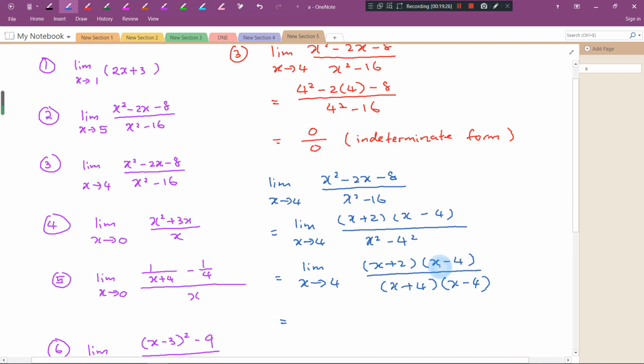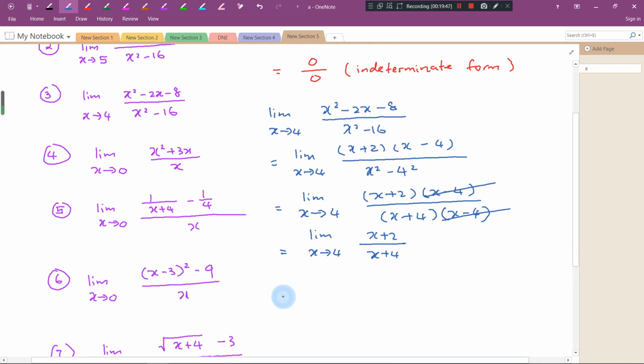Okay, now you notice that I can cancel up the x minus 4, right? So I just cancel up the x minus 4, simplify it. Now I will get x plus 2 over x plus 4. I still need to copy this. X plus 2, x plus 4. Okay, now if I direct substitute this 4 inside, no problem, right?